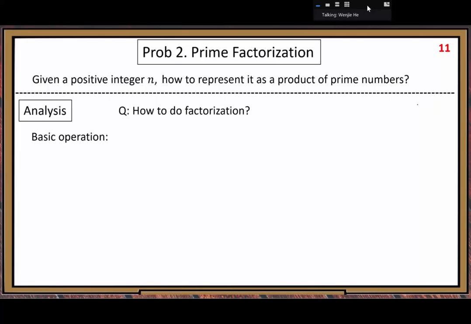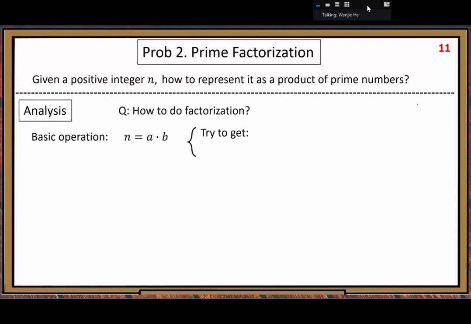So I want to convey some general ideas in problem solving. All right. Basic operation related to factorization. We factorize a given positive integer n as a product of two factors, A and B.